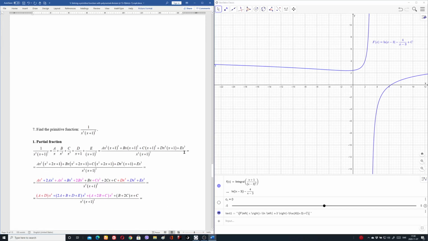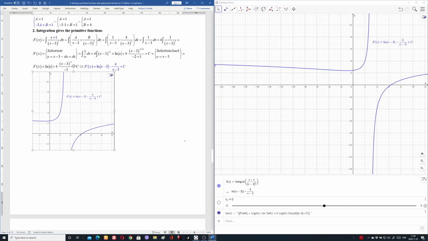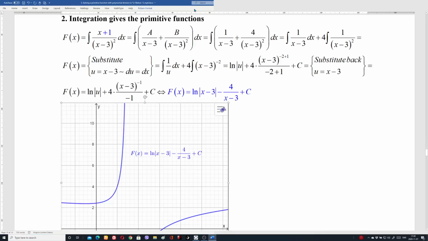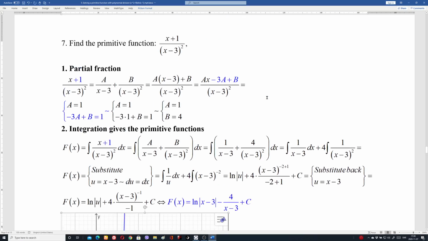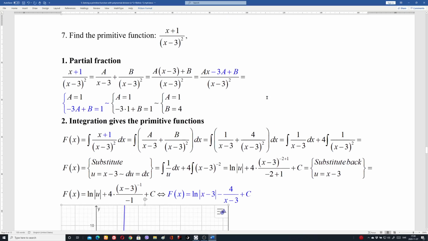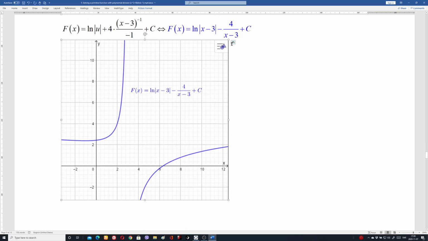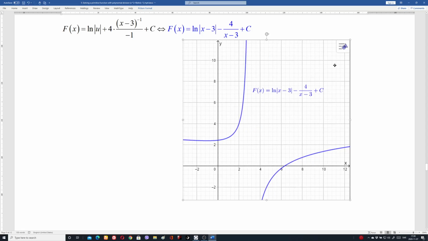Let me see what happened here. This is another exercise. Okay. So now we get this one here. So you see all. I can take this one somewhere here.